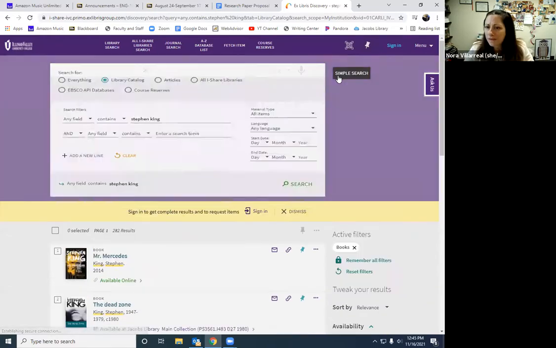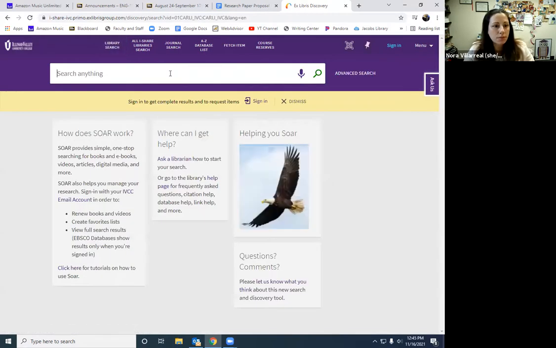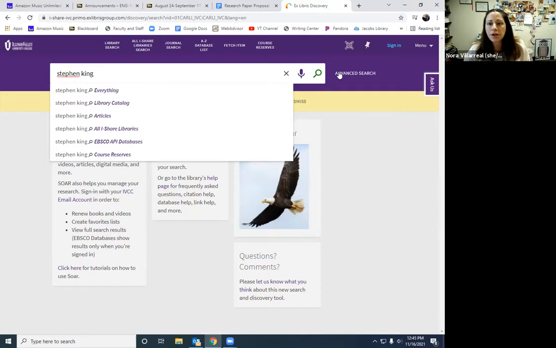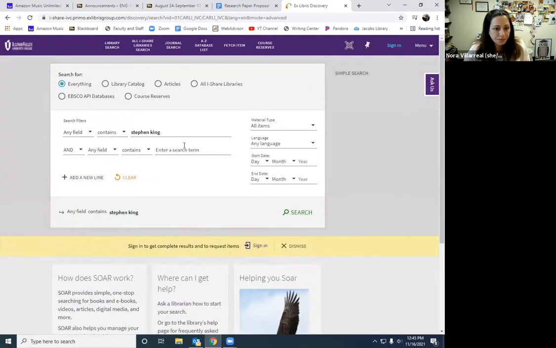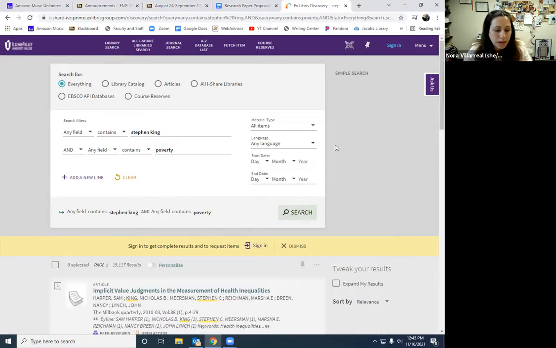But let's say I'm not really finding exactly what I wanted with these books, and I wanted to find something a little bit more particular. Let me start over with a brand new search for Stephen King. But instead, I'm going to go into the advanced search and add poverty as a search item and see what comes up. So Stephen King and poverty, I've got 19,000 results, far too many to go through.